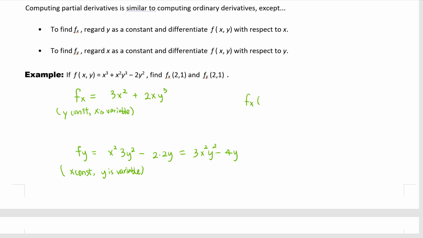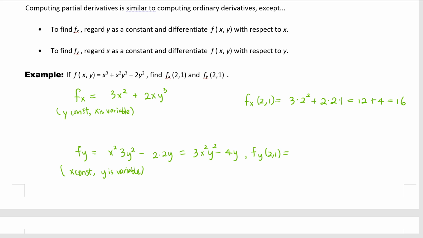Now let's plug in the point (2, 1). So 3 times 2 squared plus 2 times 2 times 1 cubed, which is 1. So 2 squared is 4, 3 times 4 is 12, and 4 gives us 16. Do you have the same answer? I really hope that when we go over each example, you can pause the video and then continue to work on the problem.